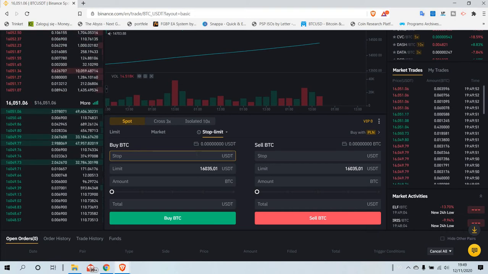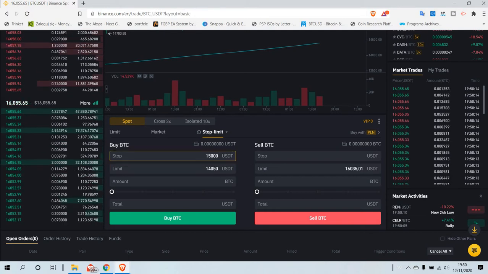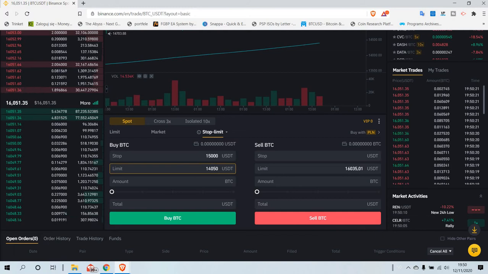So if we for example set up 15,000 and we want to buy a Bitcoin for 14,050, when Bitcoin starts to fall and reaches 15,000, that will be the moment when we will set up the order for $14,050.